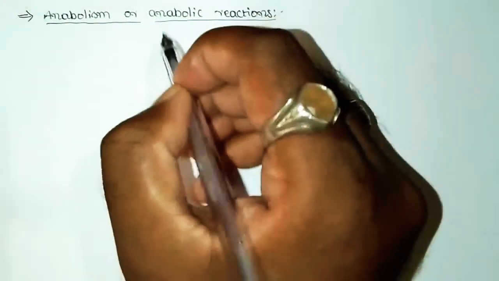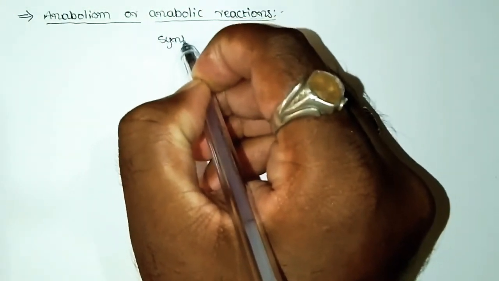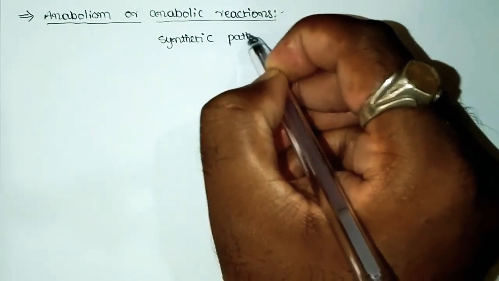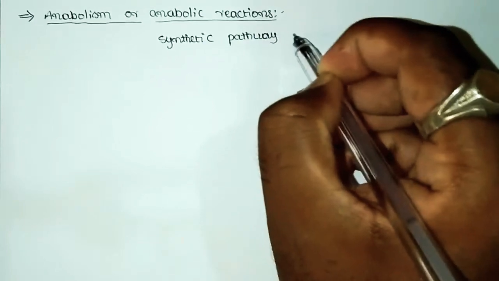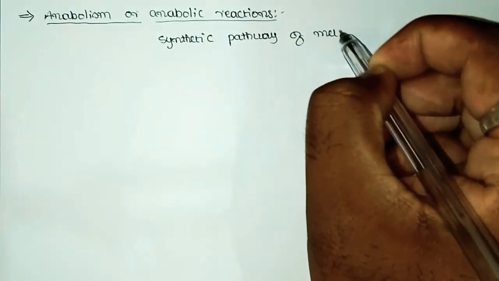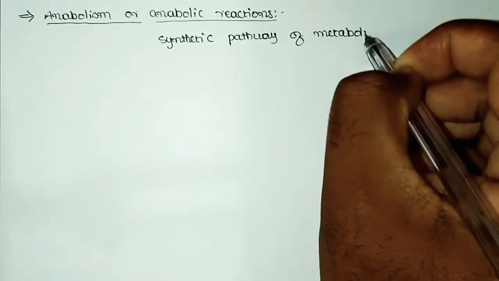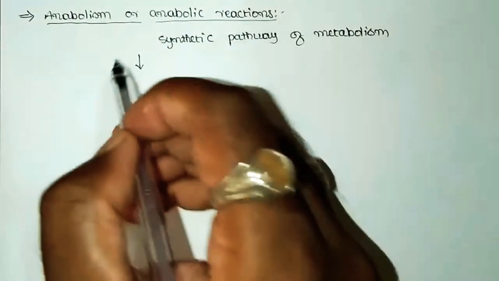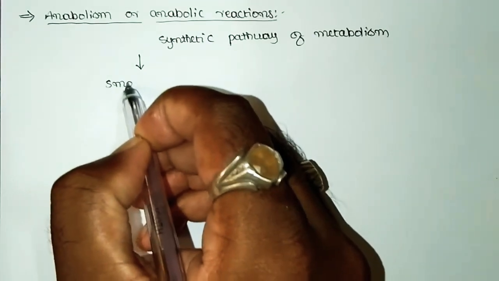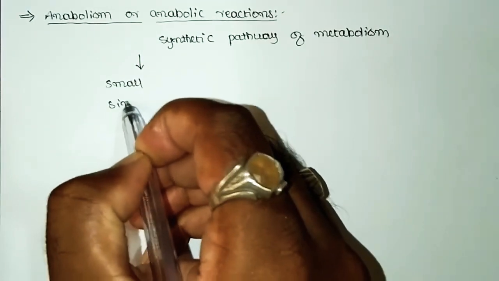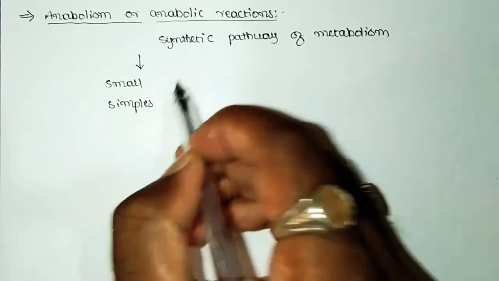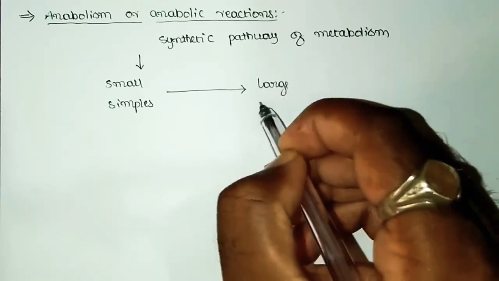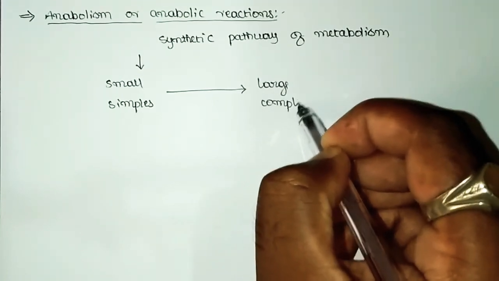That means anabolism is the synthetic pathway of metabolism. It is exactly the opposite of catabolism, so the small or simple constituents will be converted into large or complex nutrient molecules.